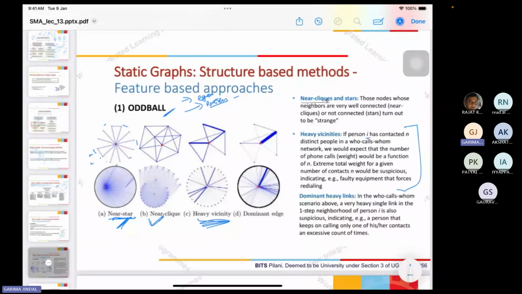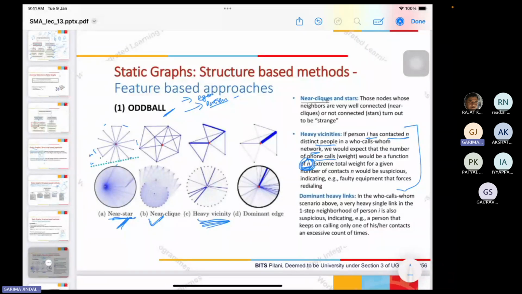If a person i has contacted n distinct people in the who-calls-whom network, a calling network in which people are calling each other, then we would expect that the number of phone calls, or the weight, would be a function of n. Whatever the number of calls or the weight of these edges is, that should be a function of n.